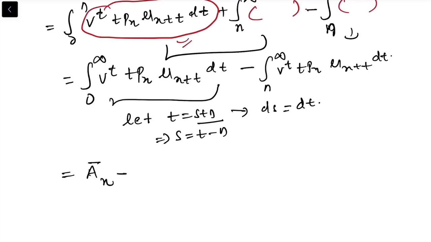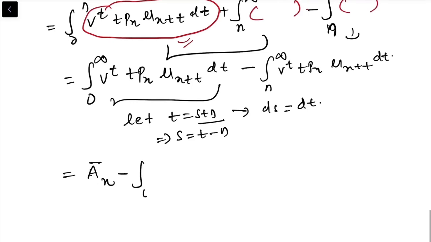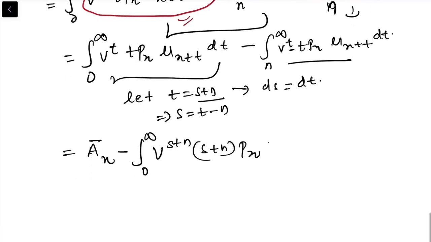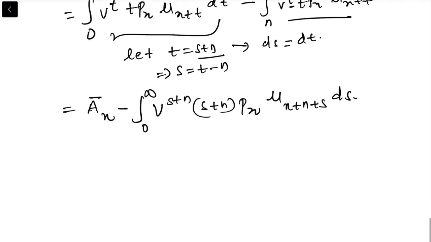If you do not remember, you can refer back to the previous video. So this is 0 to infinity of v^(s+n) (s+n)px, and this is mu(x+n+s) ds, right?